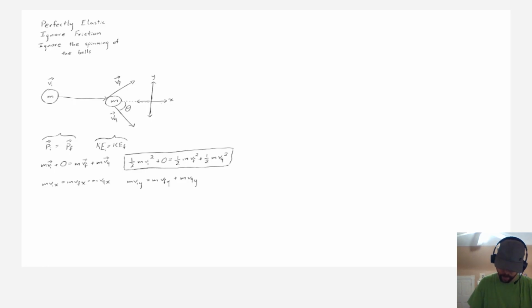So let's see, where do I want to go next? Yeah, so in the x direction here, it's kind of hard to redraw over everything.